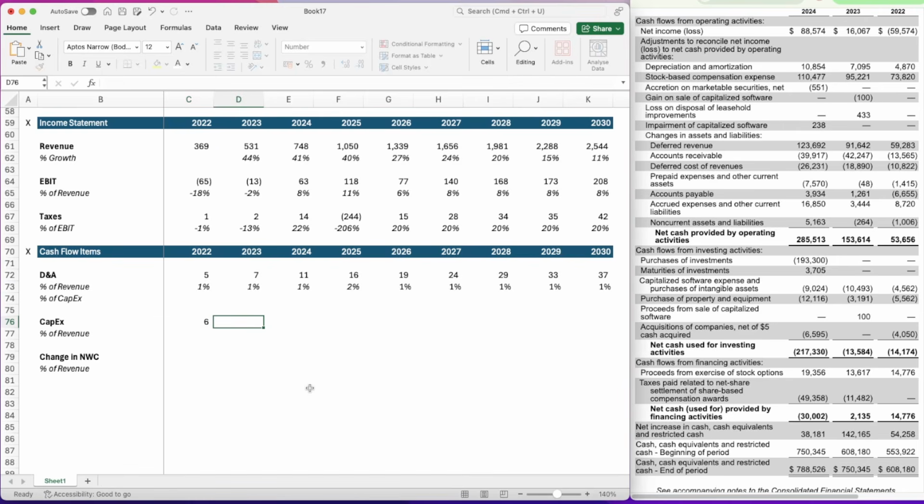I mean, I think a lot of tech companies do that. 5.562, 3.191, 12.116. Pull that along.